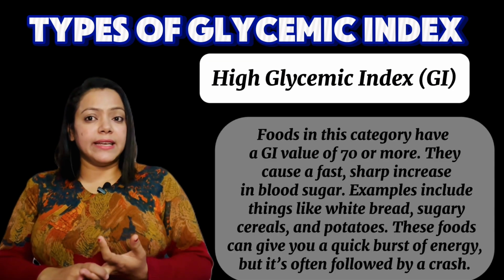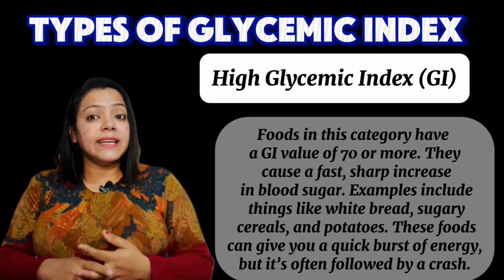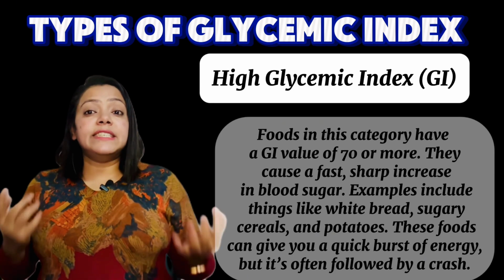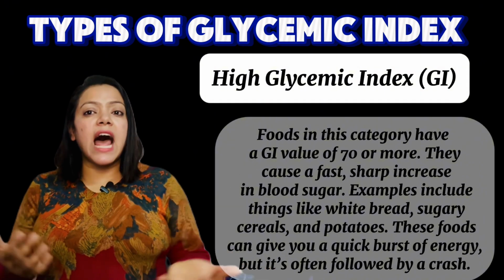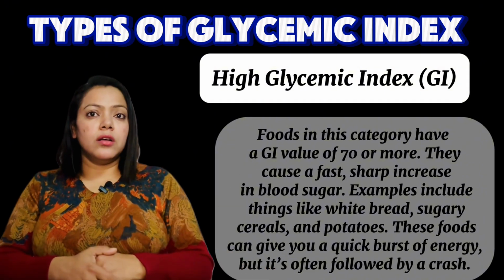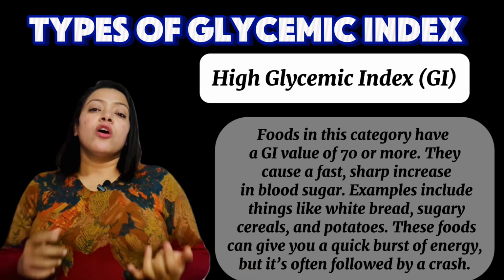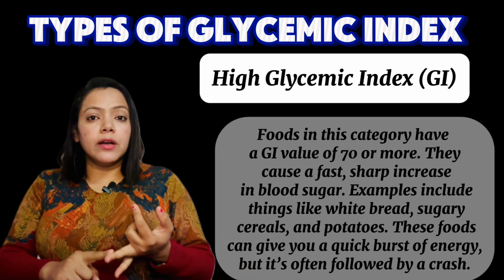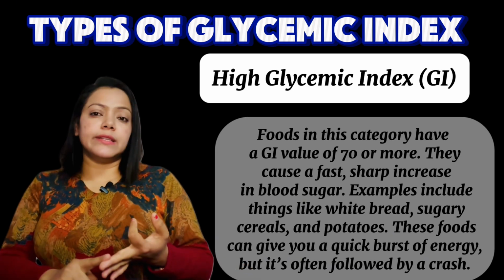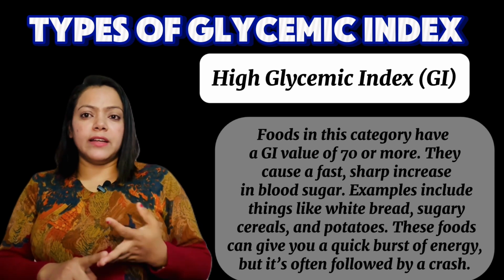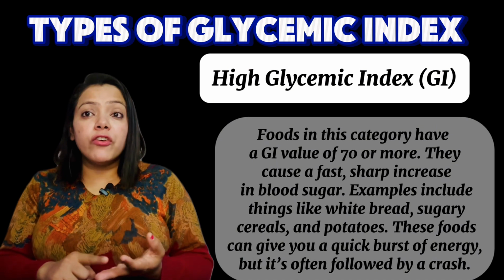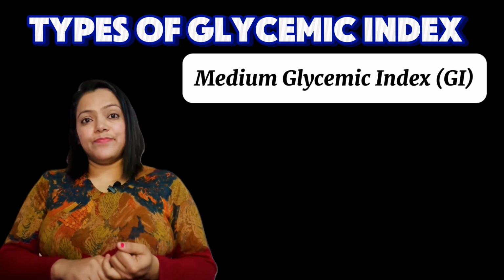High glycemic index: foods in this category have a GI value of 70 or more. They cause a sharp increase in blood sugar. Examples include white bread, sugary cereals, potatoes, etc. These foods can give a quick burst of energy, but it is often followed by a crash.